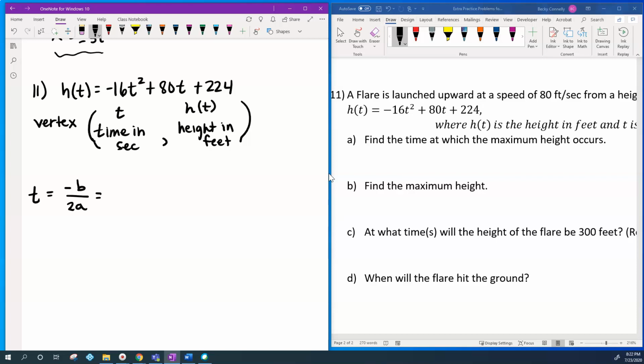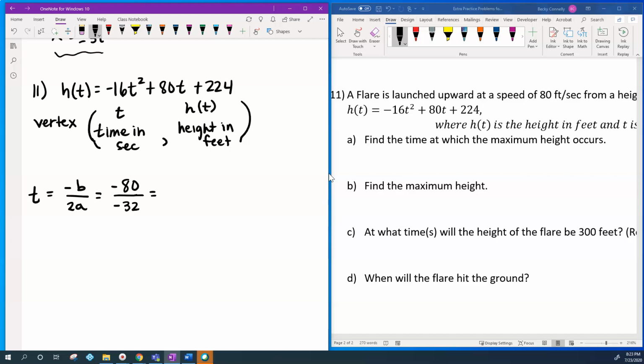So if we do negative 80 divided by negative 16 times 2, 2 times that negative 16 is negative 32. All right, and let's go ahead and simplify that. What's negative 80 divided by negative 32?